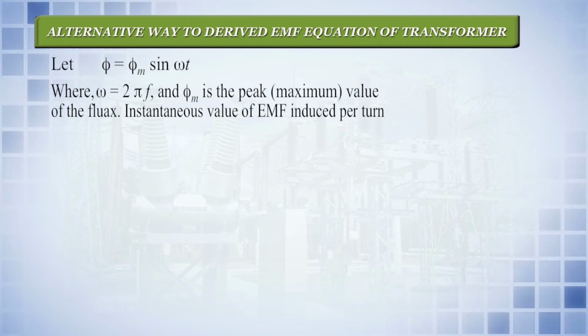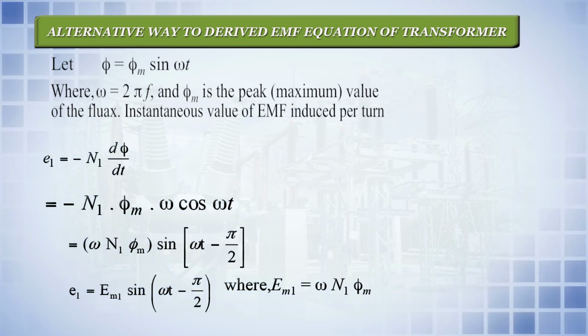So the instantaneous value of EMF per turn can be written as E1 is equal to minus N1 d phi over dt, and the value of phi is phi m sin omega t. So just put the value of phi in this equation and differentiate this flux with respect to time. So it comes to minus N1 phi m omega cos omega t. This cos omega t can also be written as sin (pi by 2 minus omega t).